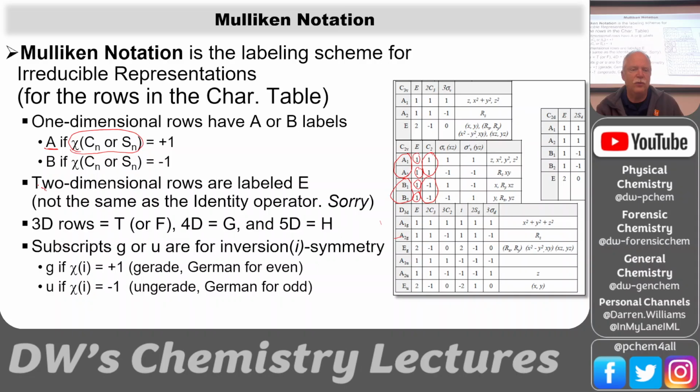The two-dimensional rows are labeled E. And we talked about this last time. There's an E as a row, and there's also an E as a column. So I'm sorry about that, but anyway, that's what we've got. And these are two-dimensional. So look under the identity operator on the E row, it's 2. And these are going to be doubly degenerate.